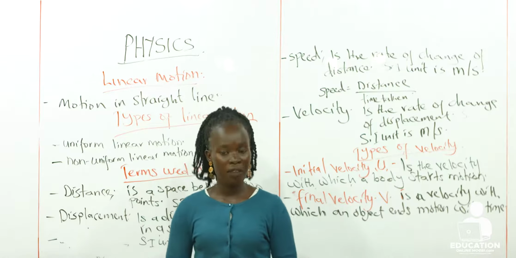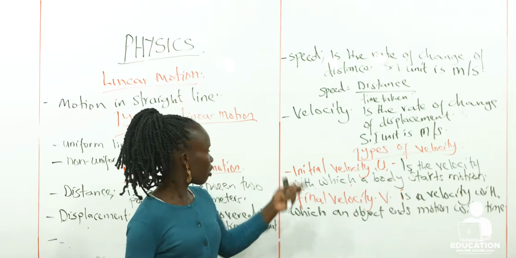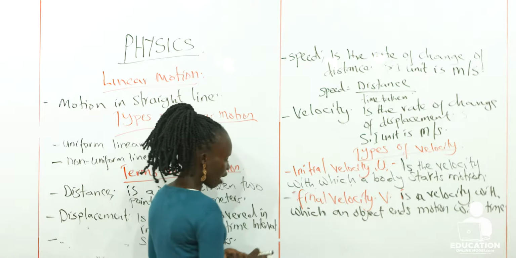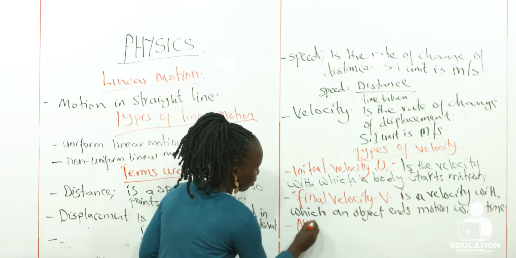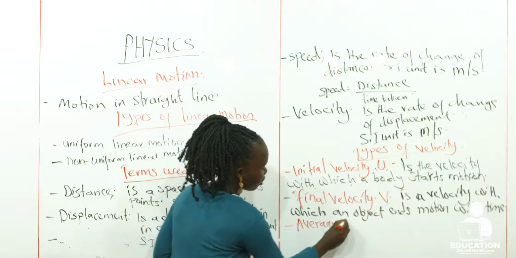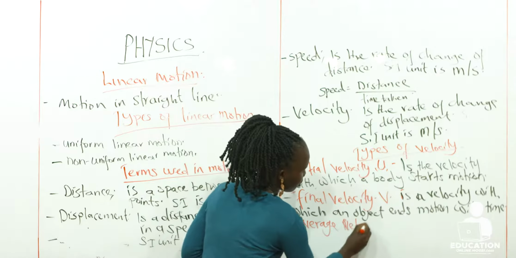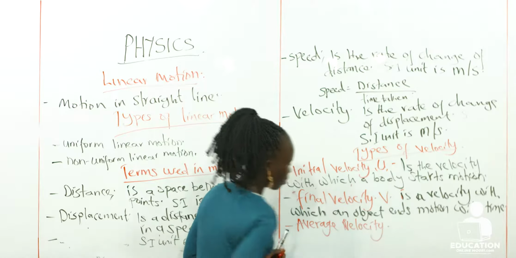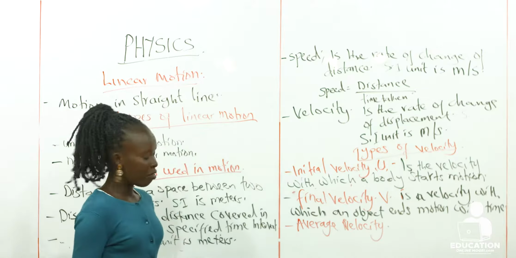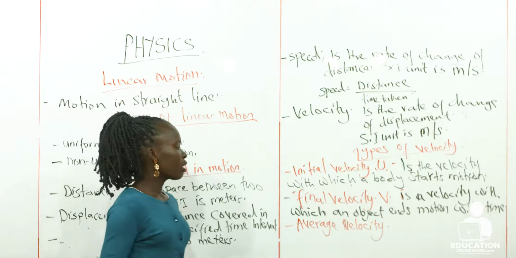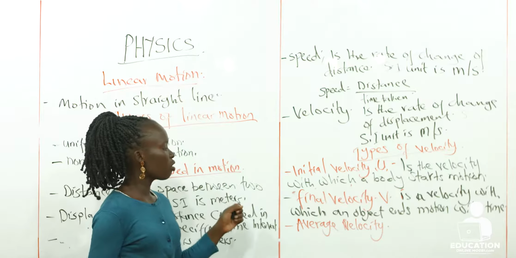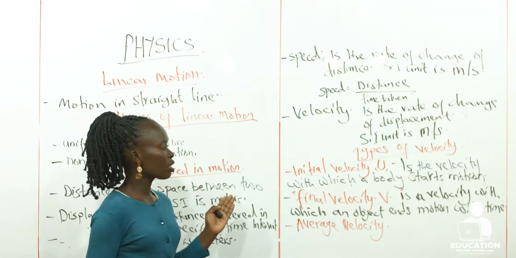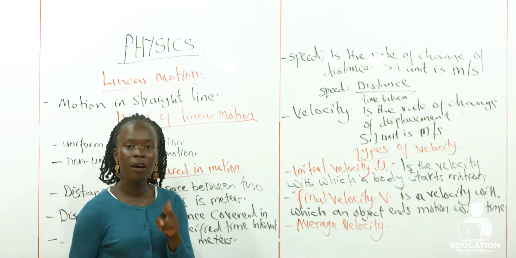So we also have another type of velocity, which is known as the average velocity. What is this average velocity here? This average velocity is just adding the value of the initial velocity and the final velocity, then dividing it by 2.